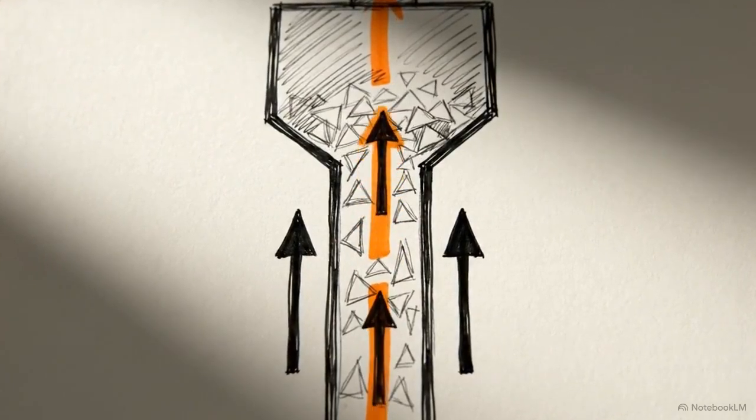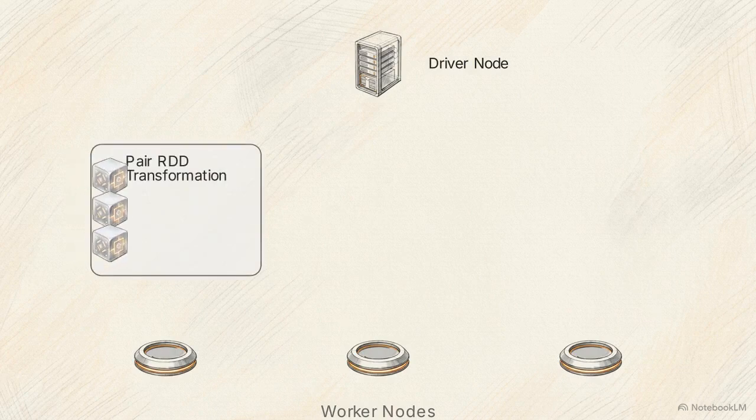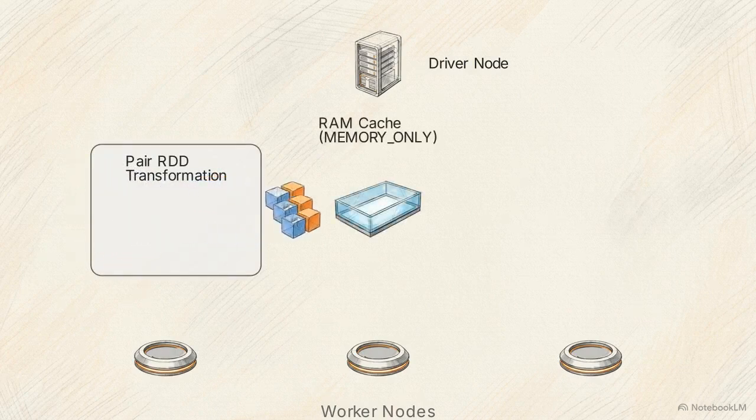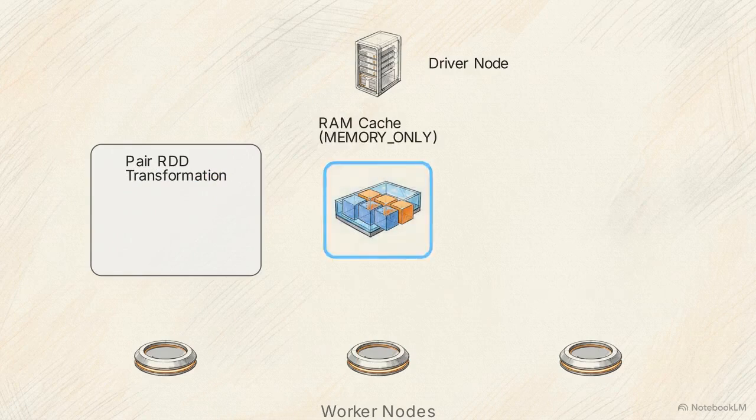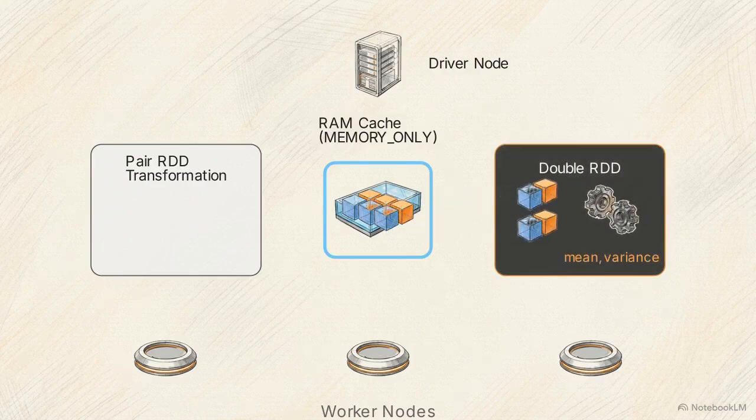We can now see the life cycle of an optimized distributed algorithm. Raw data is ingested and immediately transformed into a pair RDD to group related keys. This dataset is explicitly persisted to memory, ensuring iterative operations do not trigger full recomputations. Statistical subtasks are handled by double RDDs, using native actions to calculate variance and means directly from the cached partitions.